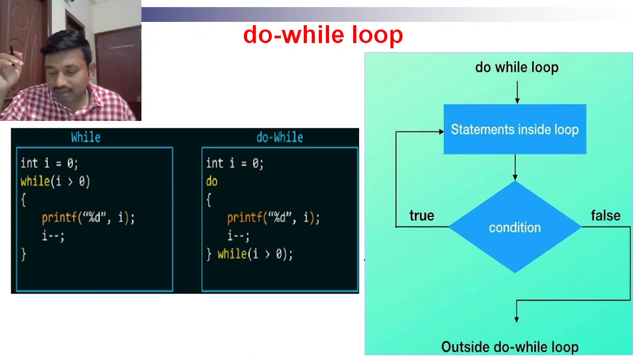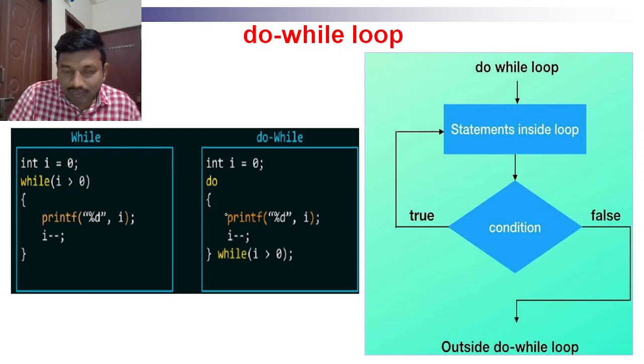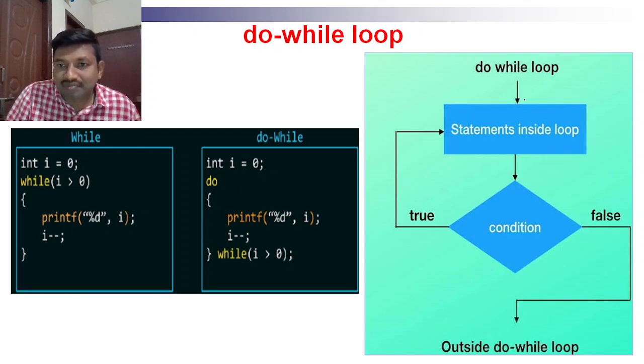So guys, let me discuss the do while loop also. In fact, we use do while very rarely, but the difference you can see is that in do while we don't test the condition first. The condition is tested at the end of the loop.